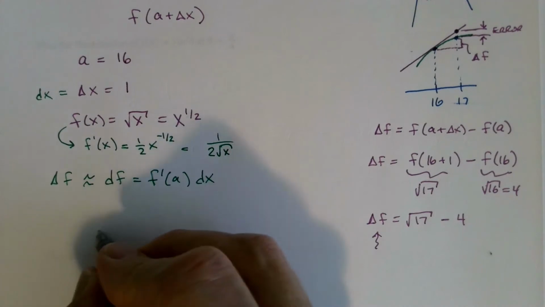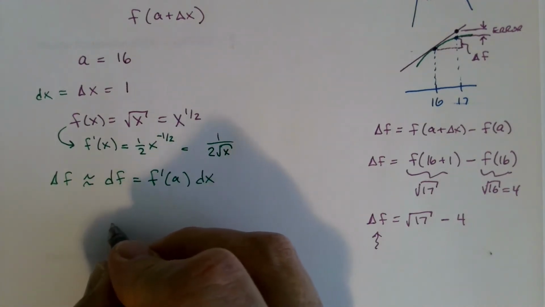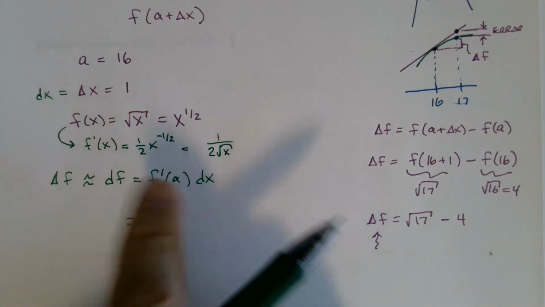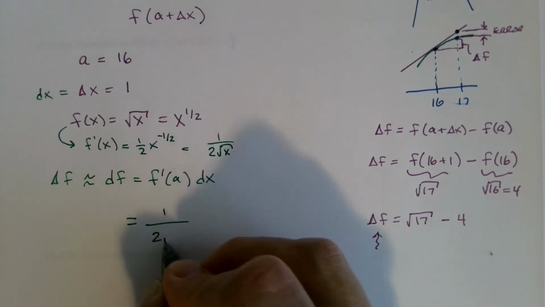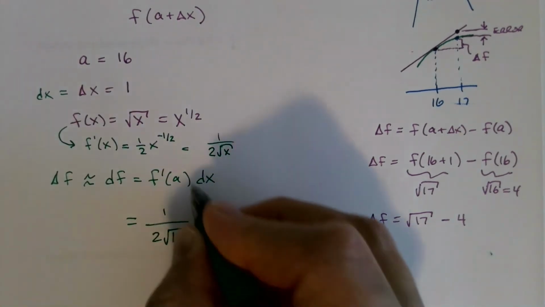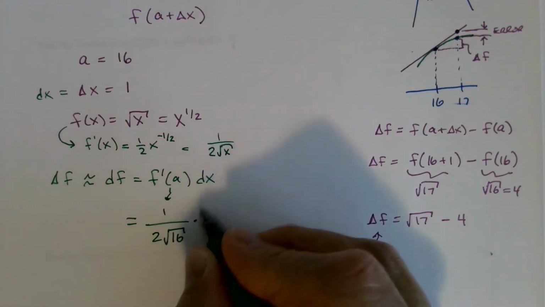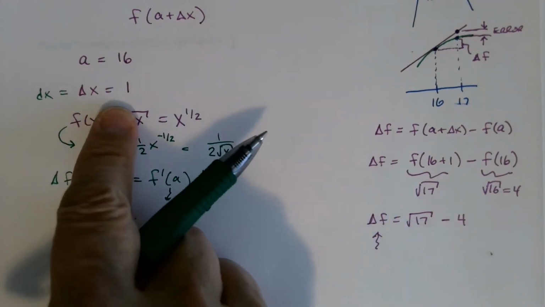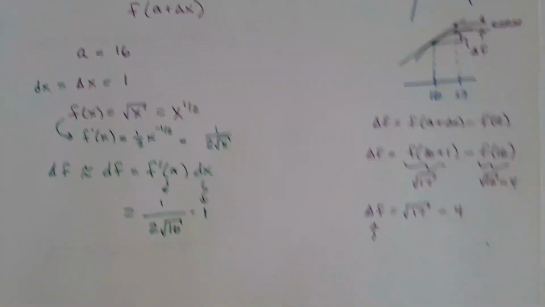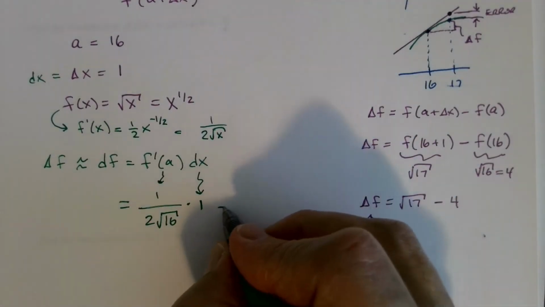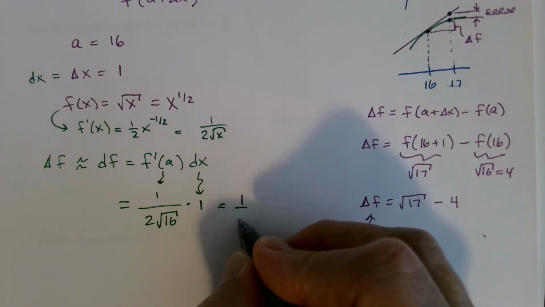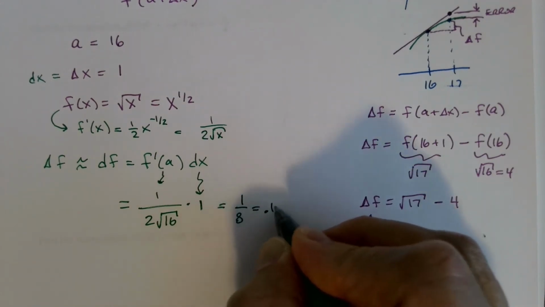Okay. And so in this case, what do we get? f prime of a, what's a? 16. This is 1 divided by 2 times the square root of 16, times dx, which is just 1. Square root of 16 is 4, 2 times 4 is 8. This becomes 1/8, which is 0.125.